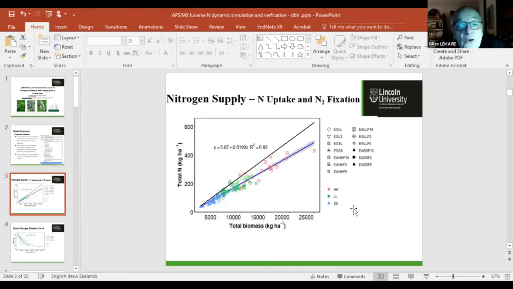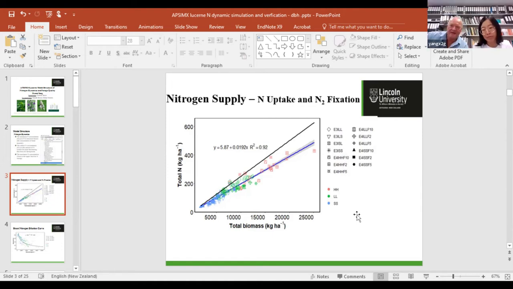Yes. In other words, if you have measured all the biomass, this axis, the axis total biomass, is a carbon fixation, more or less. It is an accumulation of new carbon, a carbon fixation. And the total nitrogen is a total nitrogen fixation or assimilation.